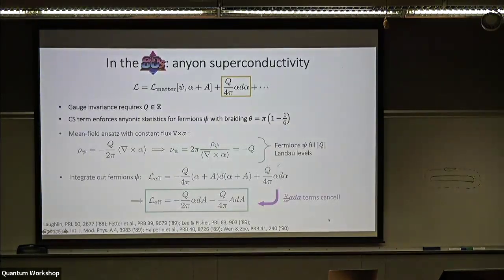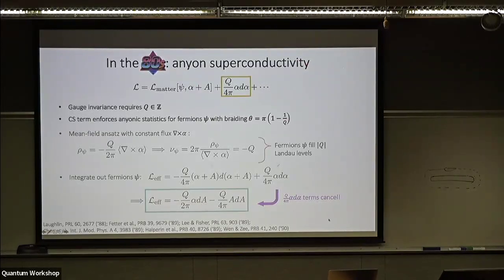Okay, so it's in the 80s. We want to describe what is an anyon superconductor. So, cuprates have just been discovered. What are weird things that you could do to get a superconductor? So, write down a generic matter Hamiltonian for some fermion psi with emergent gauge field alpha, electromagnetism A, with this Chern-Simons coupling alpha d alpha.